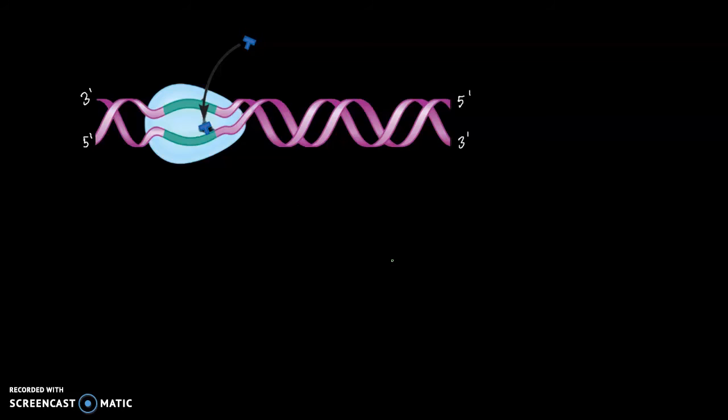The next step is the addition of RNA nucleotides. So the enzyme, the RNA polymerase, unwinds the DNA. It's then going to build a new RNA strand from here. It's going to transcribe a new RNA. Or in other words, the RNA polymerase is also responsible for making a new RNA.